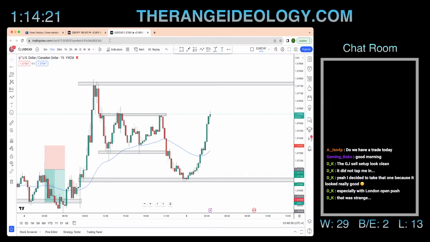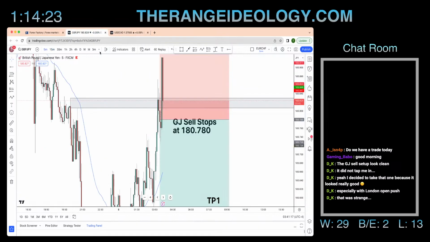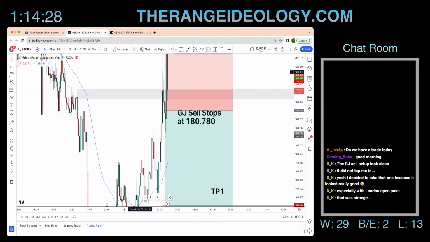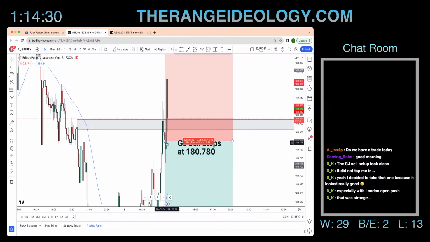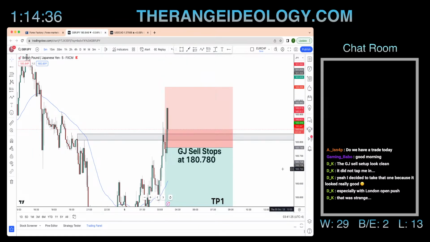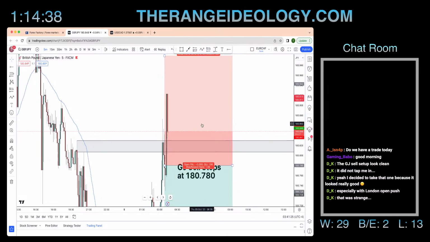USD CAD is pushing up, so that's good. I'm hoping that the 50-minute candle closes below the top end of the range so we could get a continuation downwards. But the non-wick here is not resting confidently, because it could come back up.